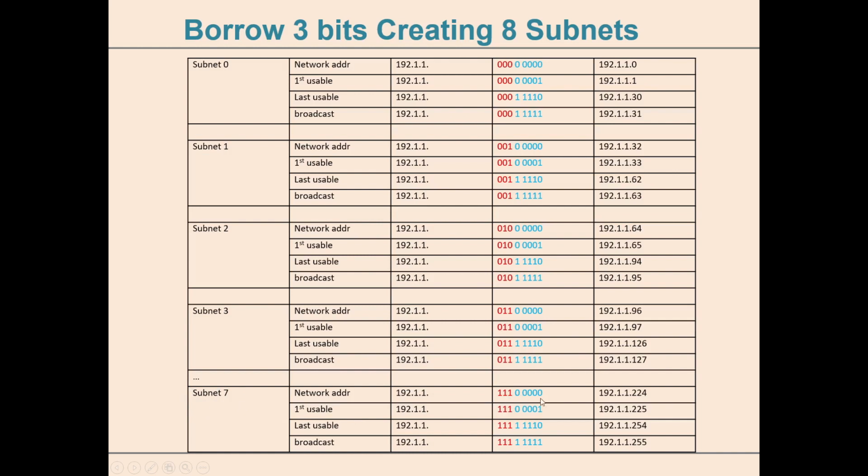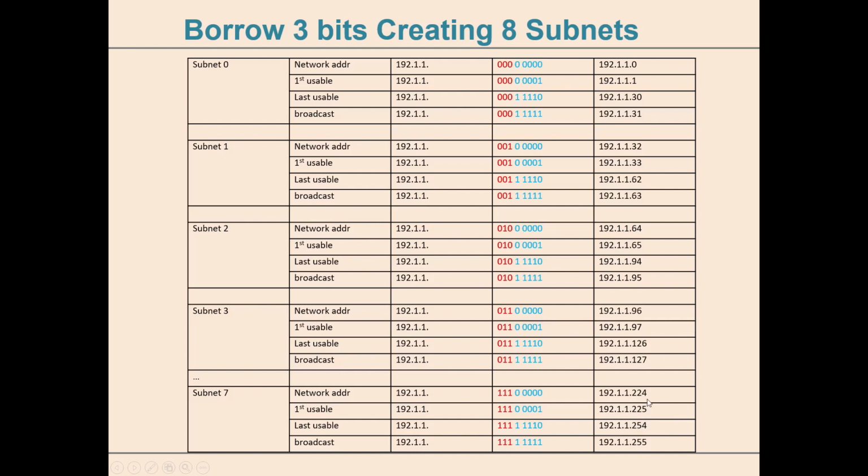The host portion starts over again from all 0. That is 224. Going up to all ones, that is 255. So the subnet 7 IP range is from 1.224 all the way up to 1.255. And the usable IP addresses are from 1.225 to 1.254.